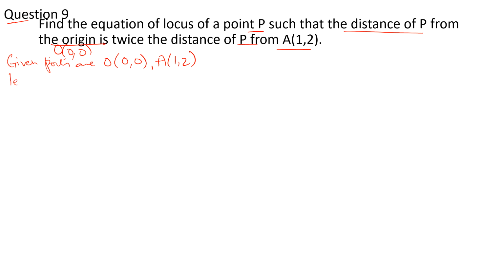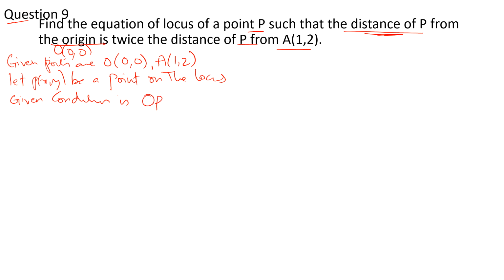Let P(x, y) be a point on the locus, and the given condition is the distance of P from the origin, which means O to P, is twice, two times the distance of P from A, which means P and A. So this is the given condition.